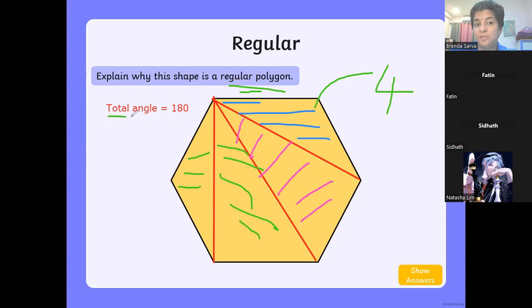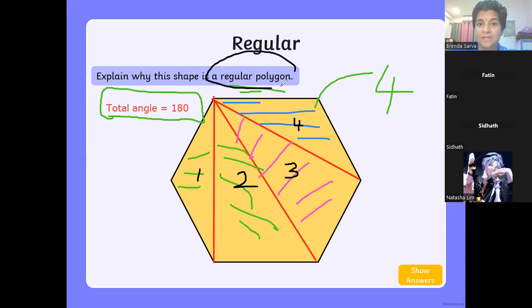If the total angle in one triangle is 180, how many triangles do we have here? 4, right? 1, 2, 3, and 4. So what would be the total angle in this regular polygon? Take your calculator and just who can do it? Siddharth, can you answer?